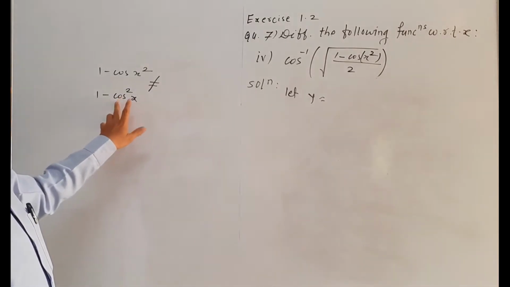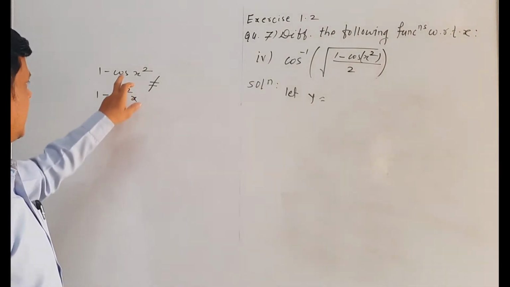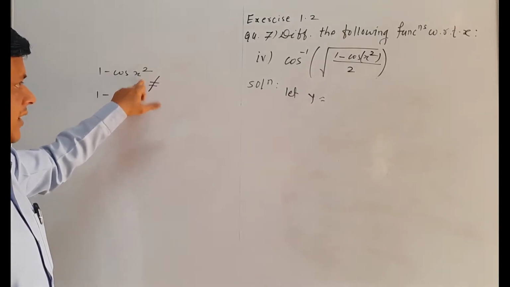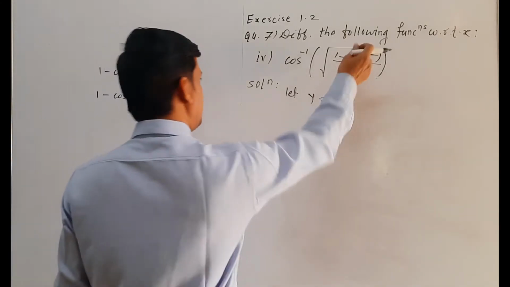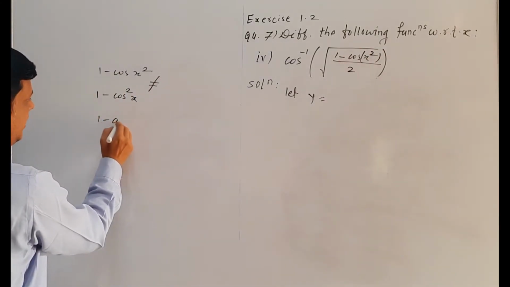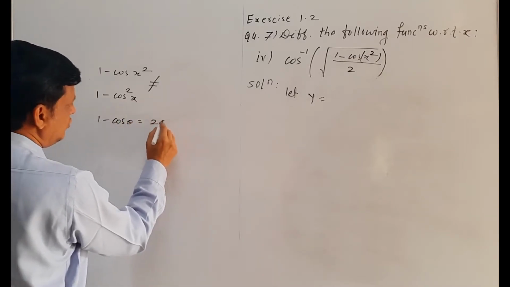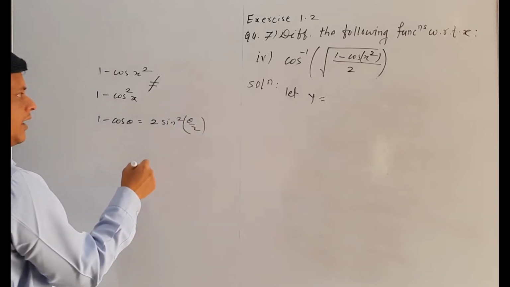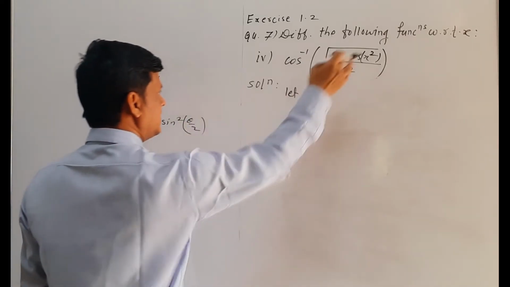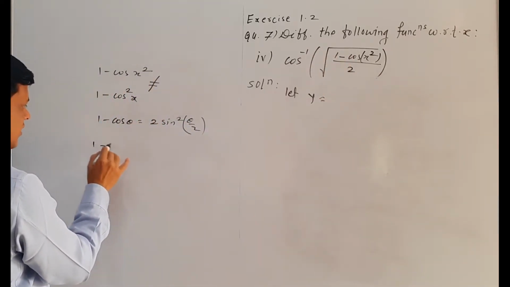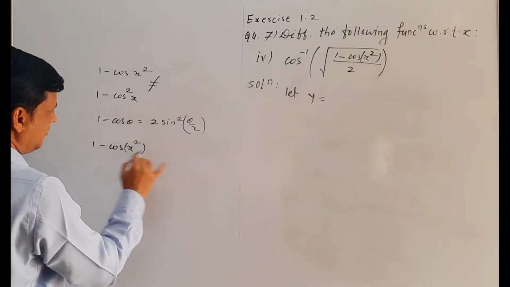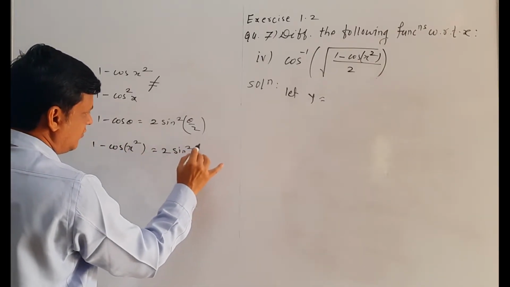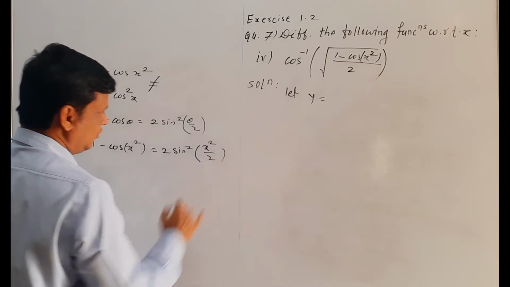Here the square of cos x is given, here the square of x is given. So we have to apply the formula 1 minus cos theta is equal to 2 sin square theta by 2. In our example the value of theta is x square. So we write here 1 minus cos of x square as 2 sin square x square by 2.